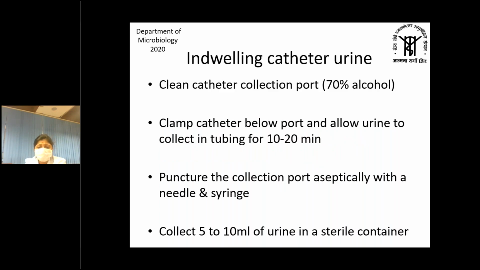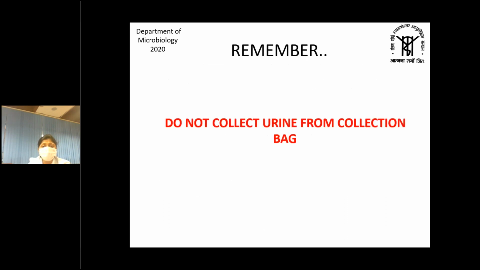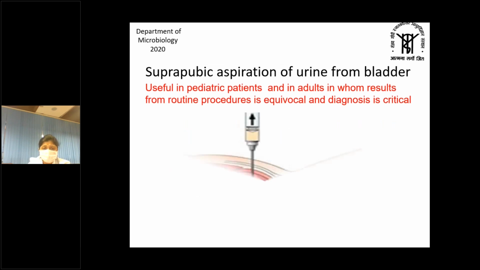So always puncture the collection port aseptically, and first clamp the catheter below the port and allow the urine to collect in a rubber tubing that has been cleaned with 70% alcohol. After some urine collects in it, send about 10 ml in a sterile wide mouth container. Never collect from the collection bag.